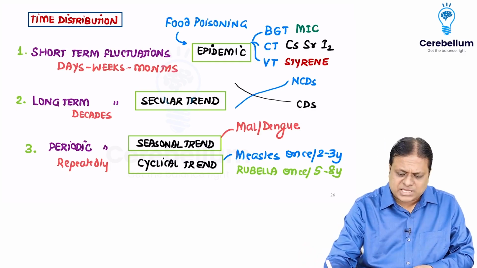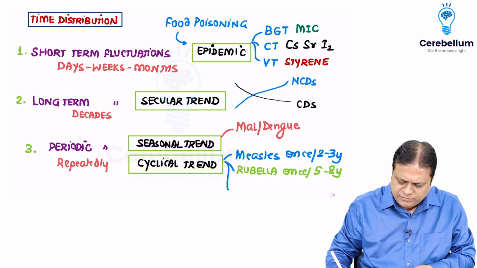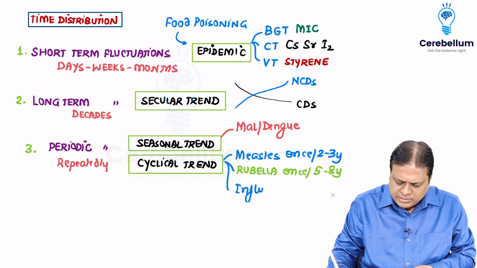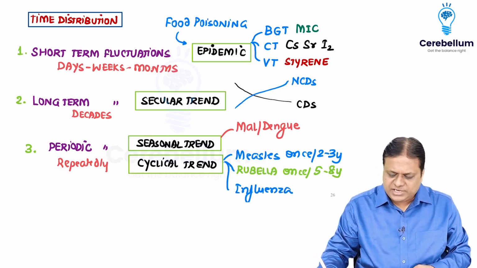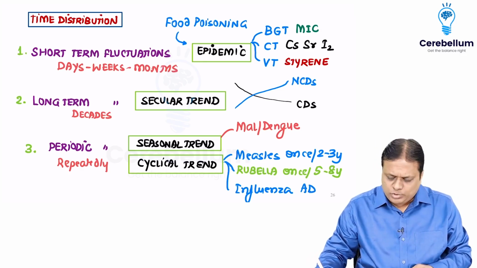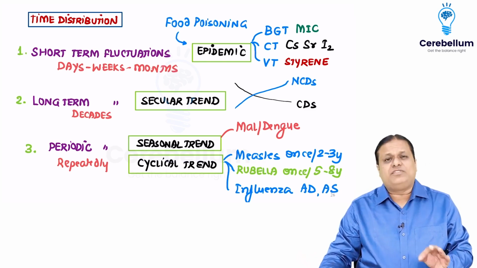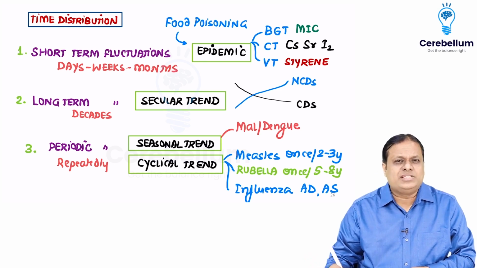But maximum cyclical trend of a disease is shown by influenza, because it has maximum antigenic variations: antigenic drift, which occurs due to point mutation, and antigenic shift, which occurs due to gene recombination, reassortment, rearrangement of genes.